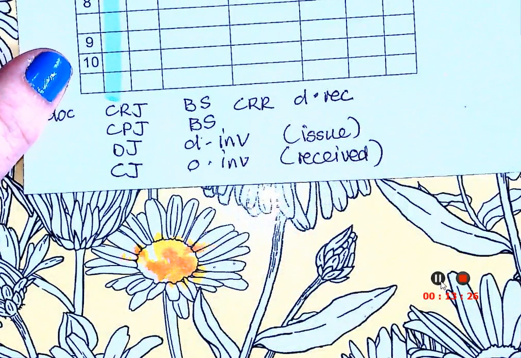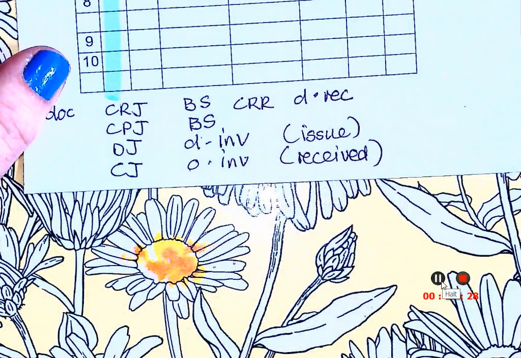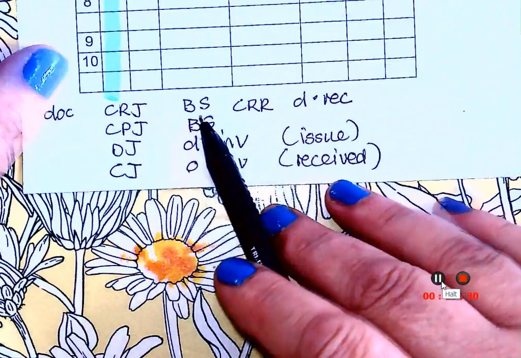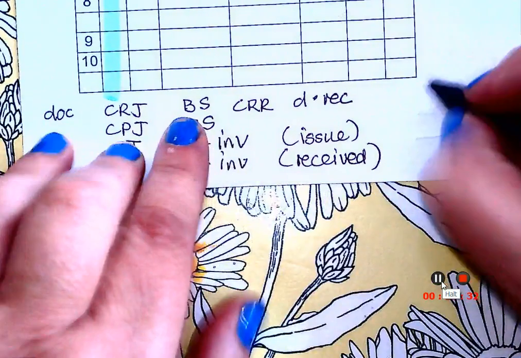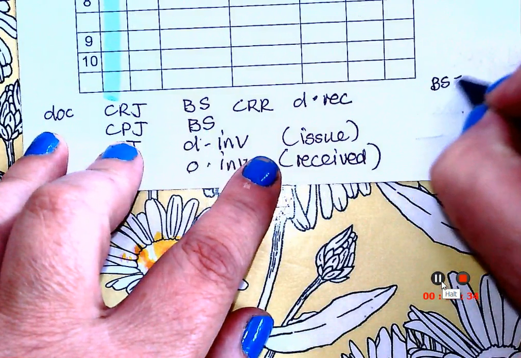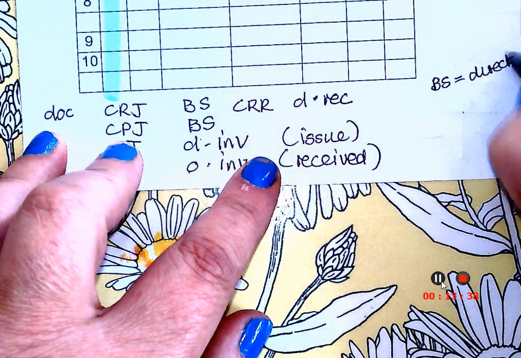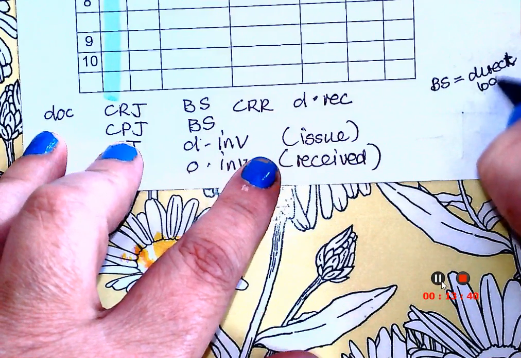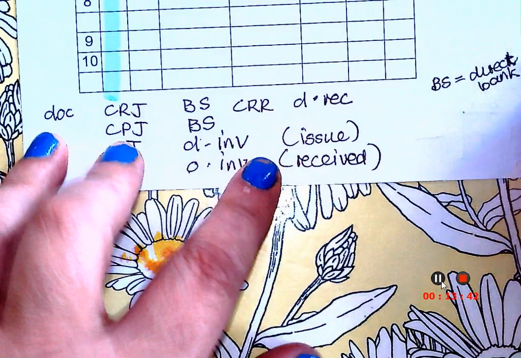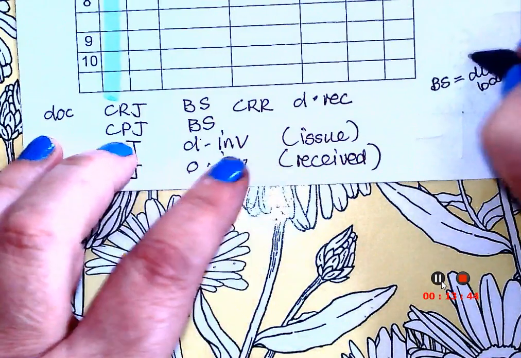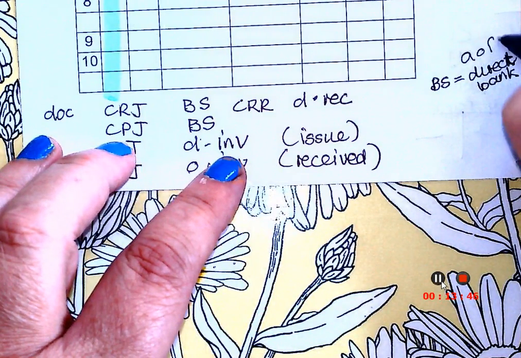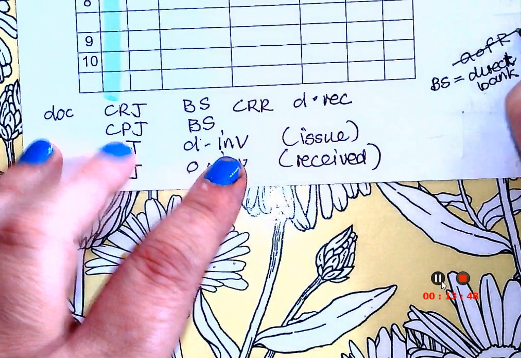Let me quickly explain each of these ones. The bank statement is always when the money goes directly to the bank. It doesn't go through analysis. There's no analysis, so analysis of receipts is not used.